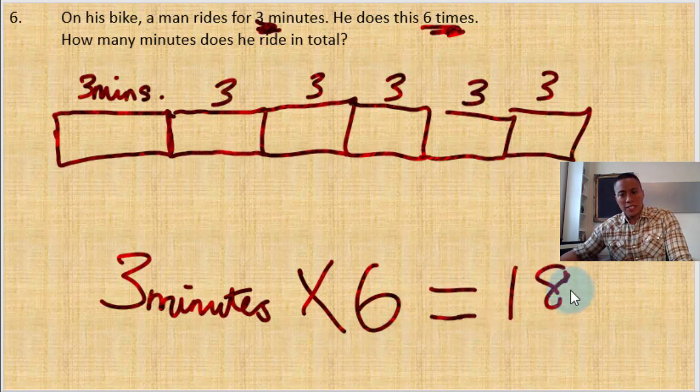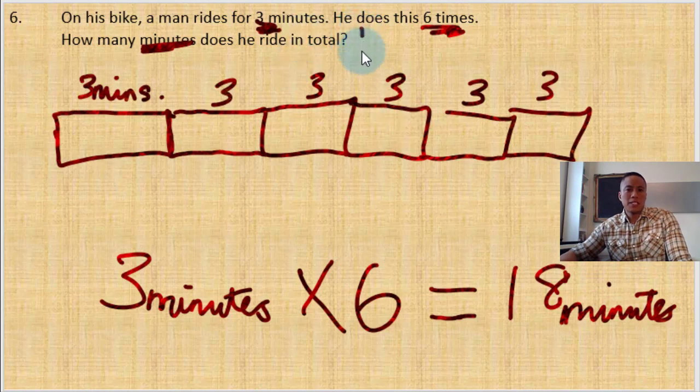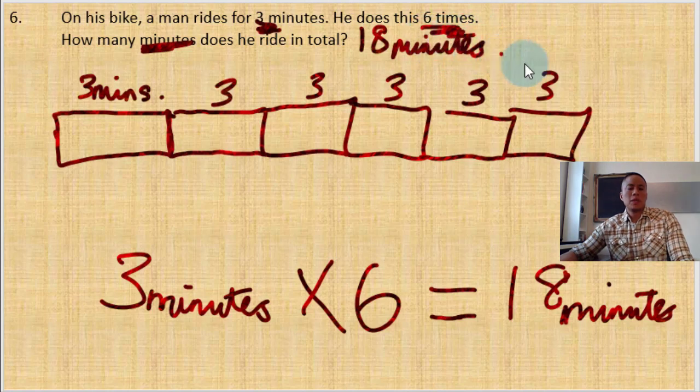And that gives us 18. But 18 what? 18 minutes. So the answer is 18 minutes. You could write it next to here. 18 minutes.